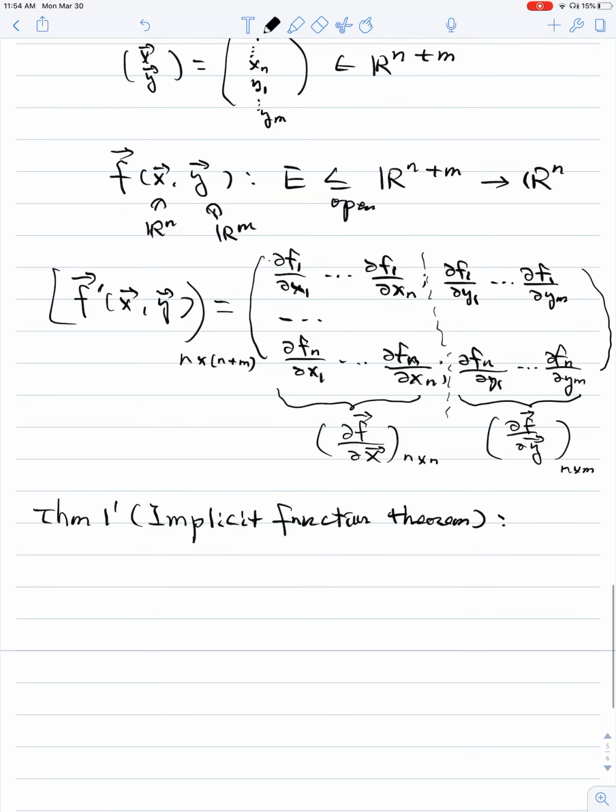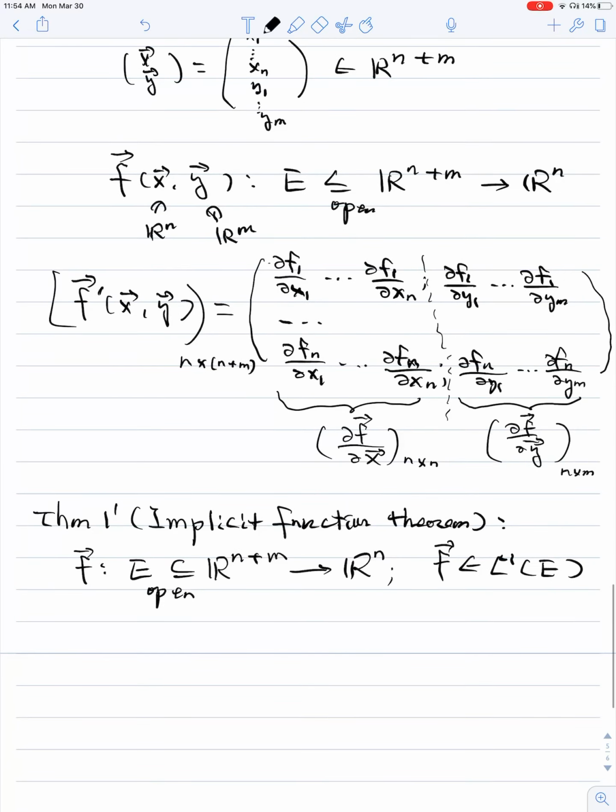The theorem says that suppose you have f from E, an open set in R^(n+m), to Rn, and we assume that f is C1 on E, meaning it has all continuous first order partial derivatives.